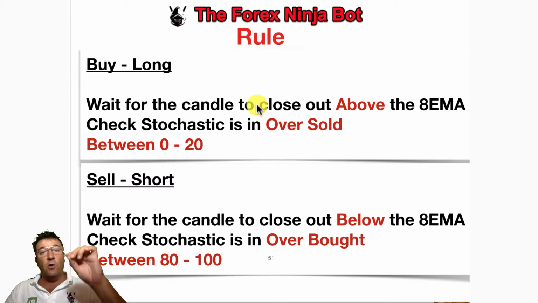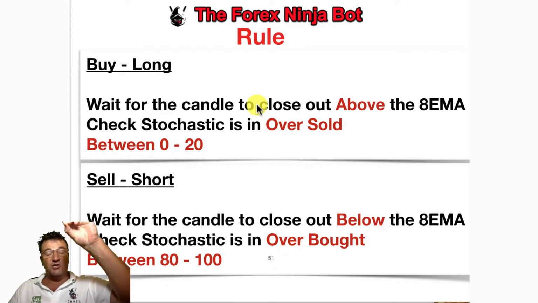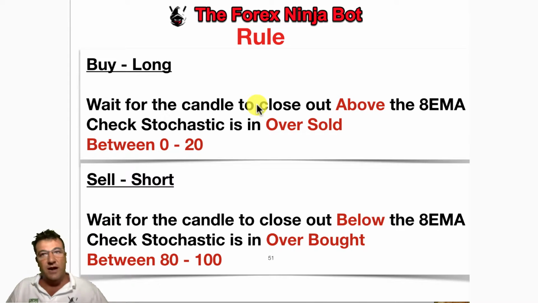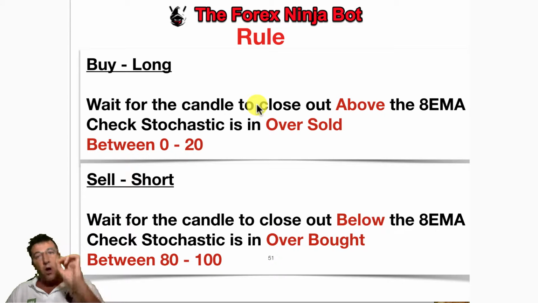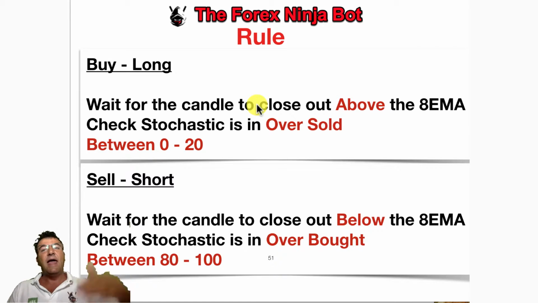If the next candle opens above the 8 exponential moving average after a doji, you can get back into the trend and carry on with the trend. That was a false positive. If the next candle opens below the 8 exponential moving average after the doji, you know that you are in a short position and you can go short and stay in the trend.